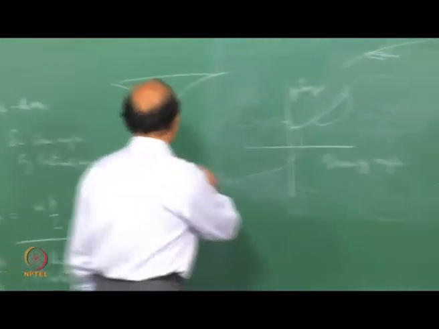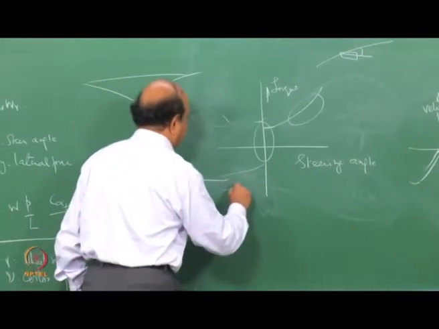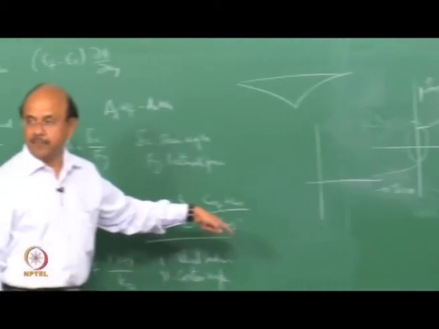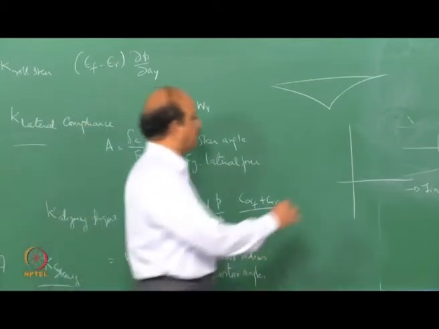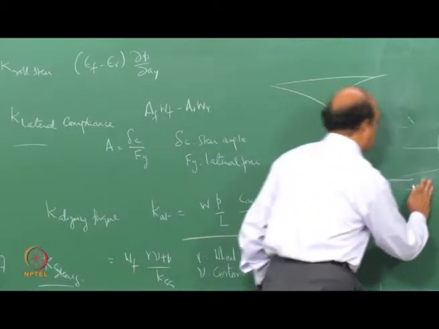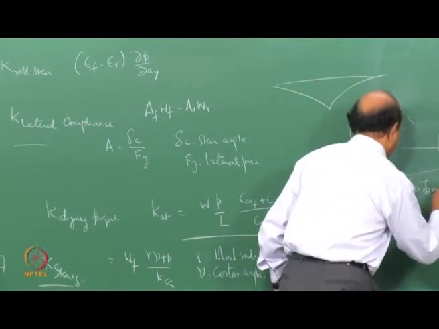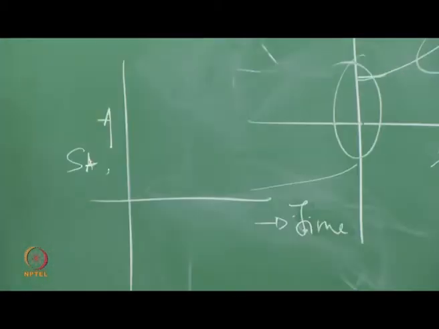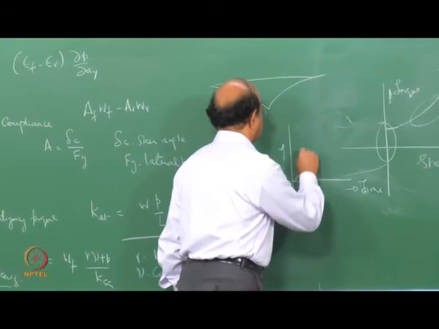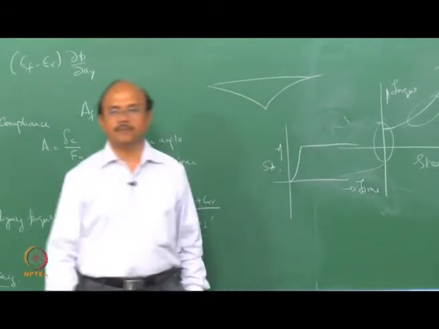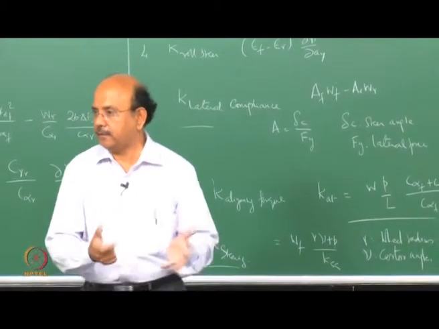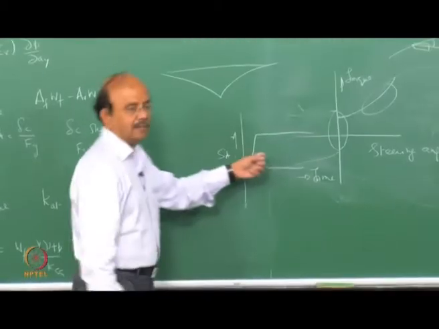If I now plot with respect to time, time versus steering angle, okay, I give, let's say, an input like that. It takes time for me also to give an input, right? So that's what this is.